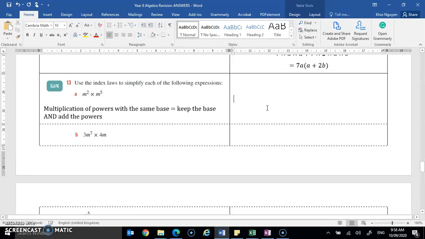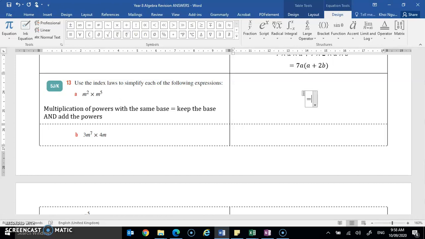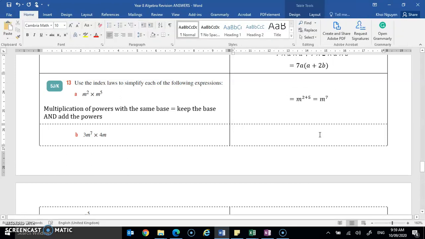So here we keep the base m and raise it to the power of 2 plus 5. 2 plus 5 is 7, so our answer is m to the power of 7. This is how I would like you to show your working. I know it's easy and you can probably do it in your head, but please, please, please show your working.